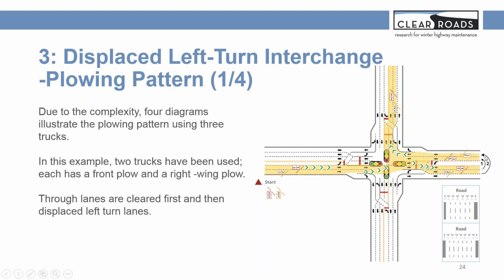And the 2 trucks turn around and repeat the same pattern to clear the 2 through lanes. When they approach the intersection, they don't go across, and they turn right to clear the through lanes on the northbound. So that's pass 1.